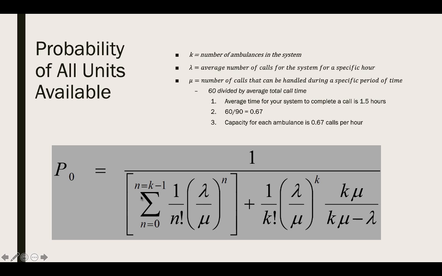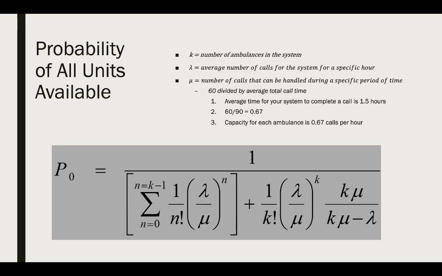This summation sign comes with a couple of definitions, and one of those is n equals k minus 1. So we've got the factorial of n here, and we've got raised to the power of n here. The upper bound of n is going to be the number of ambulances in our system minus 1. If we have 5 ambulances in our system, we're going to do this summation up to 4.